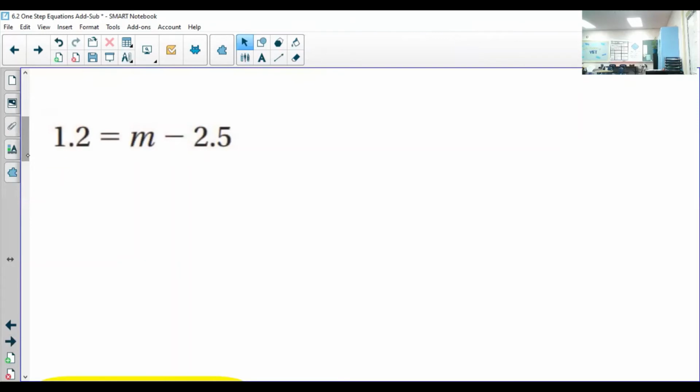All right, we have 1 and 2/10 equals M minus 2 and 5/10. Okay, we're back to the inverse here. So what's the inverse of subtract? Add. So we're going to add 2.5 to both sides.